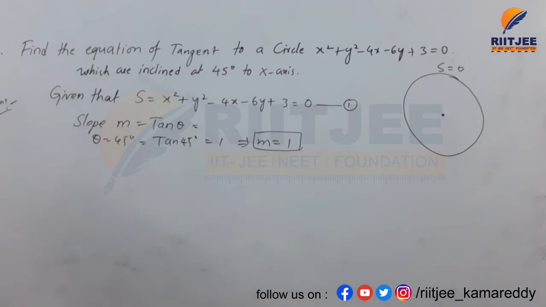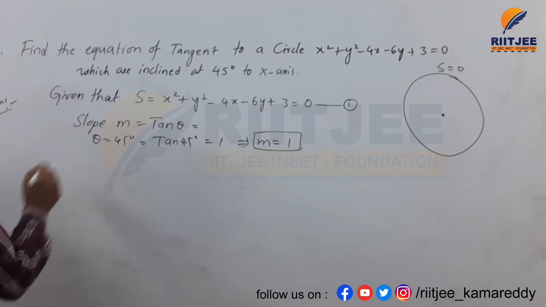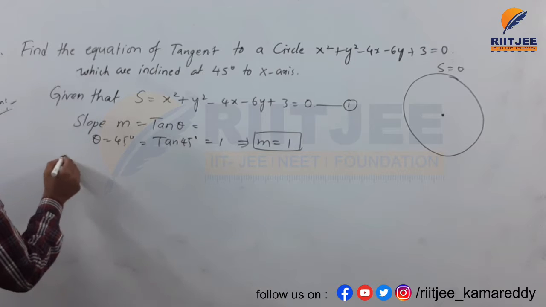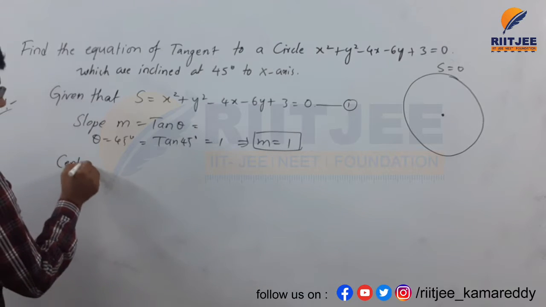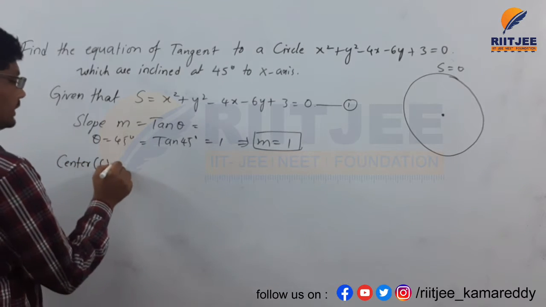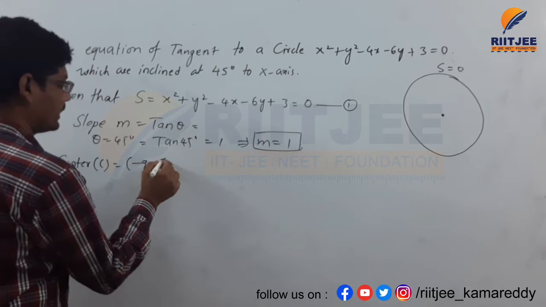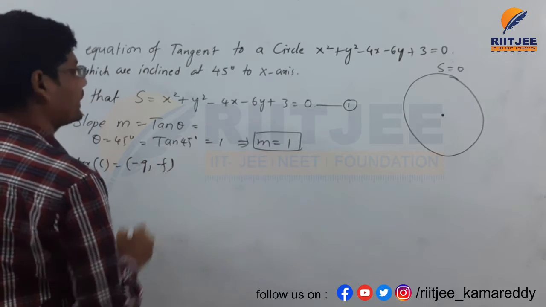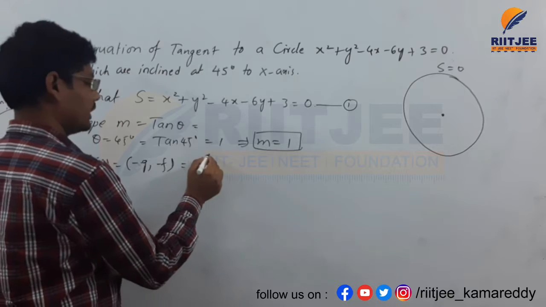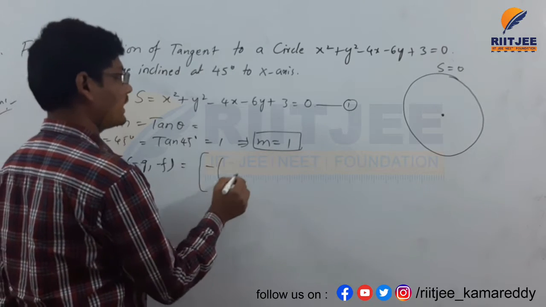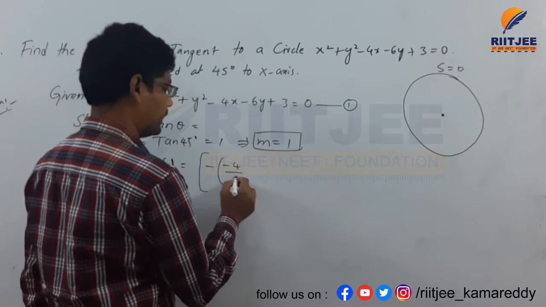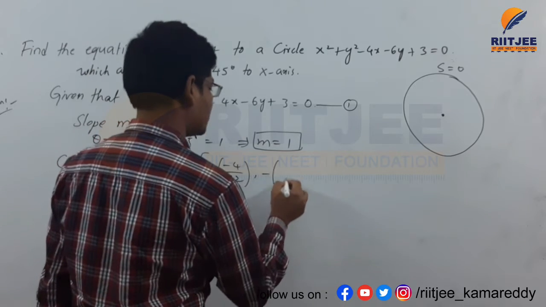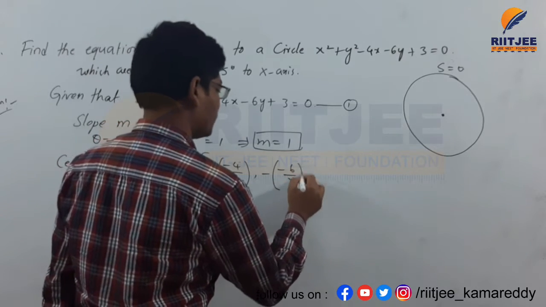Next, we need to find the center. Center C is minus g comma minus f. Here minus g is minus of minus 4 by 2, comma minus of minus 6 by 2.